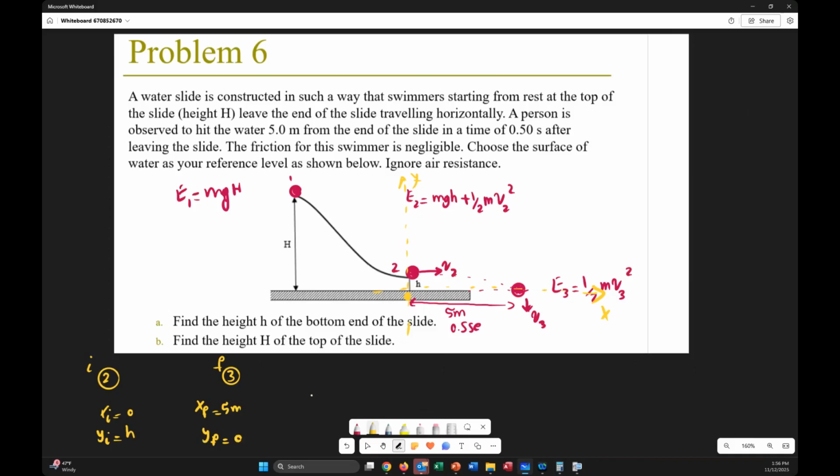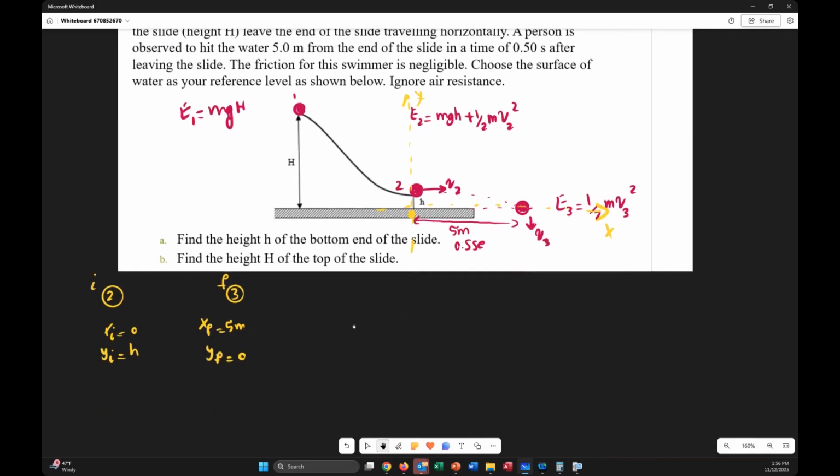0. So you remember those two equations that I wrote? It's going to be xf equal xi plus vix t. And in the y, we have yf equal yi plus viy t plus 1 over 2 ay t squared. What is the initial velocity in x-axis? I call it v2.